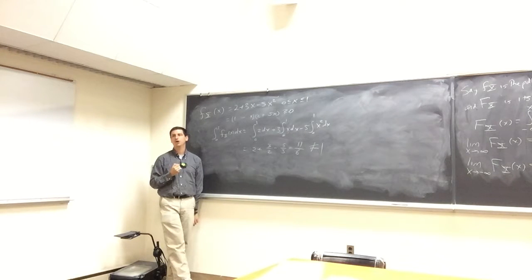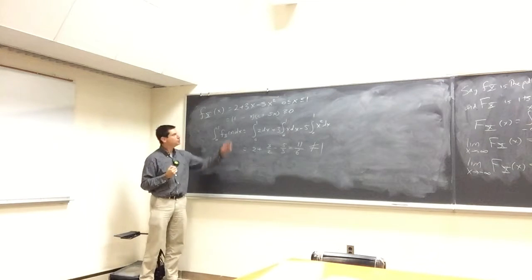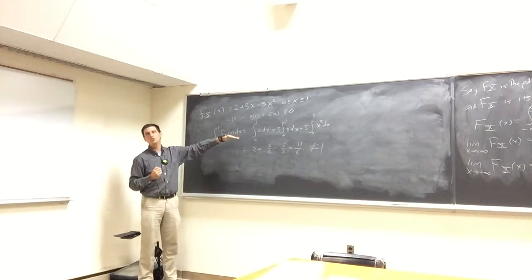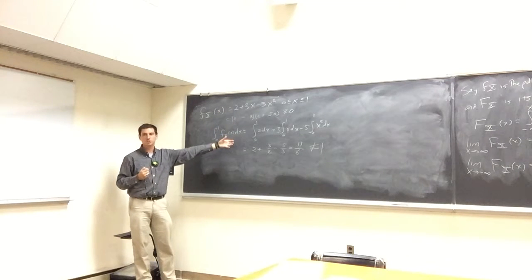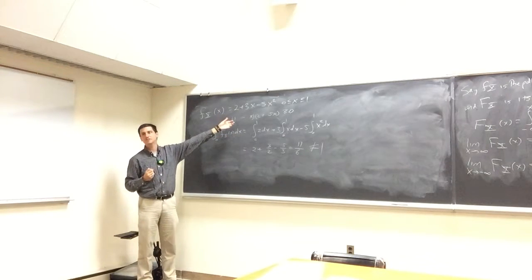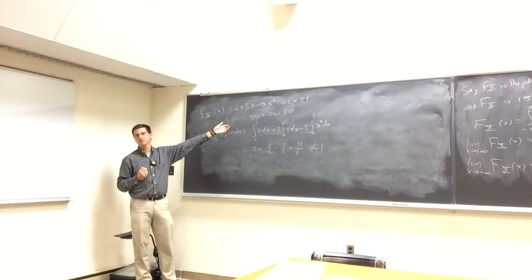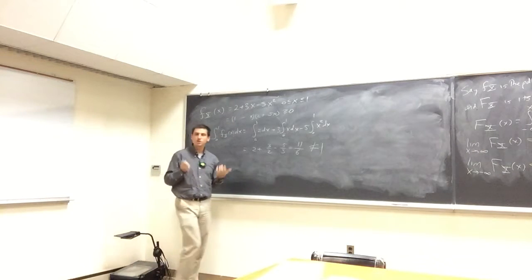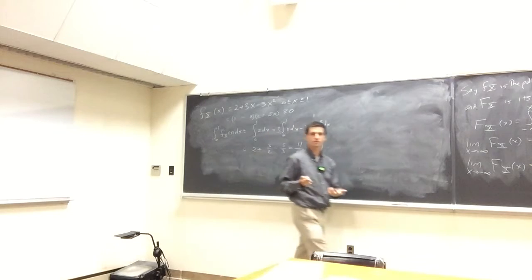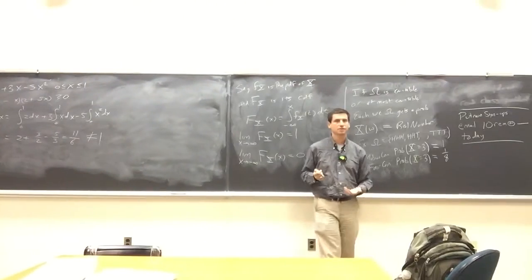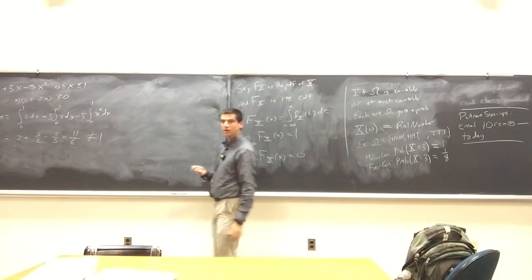Is she horribly wrong? If you had to choose a condition to fail, which would you rather have fail? The integral is 1 or it's negative in some place? Yeah, the integral. How can you fix the fact that the integral is not 1? Yeah, divide by whatever the integral is.